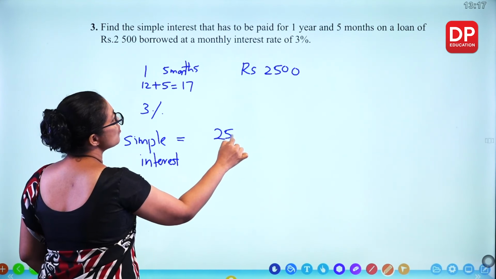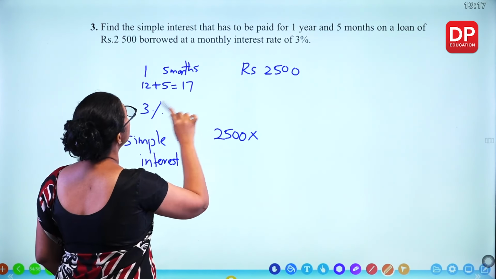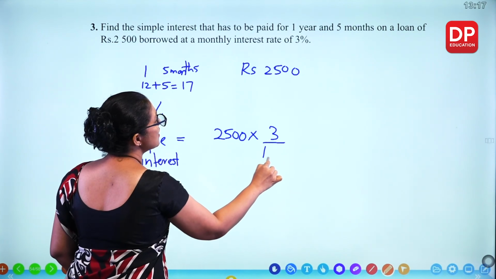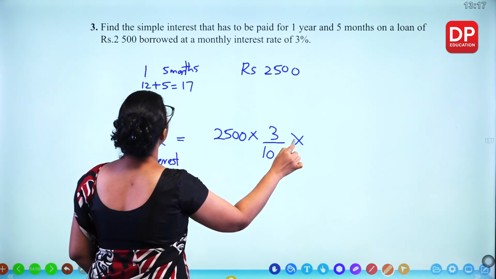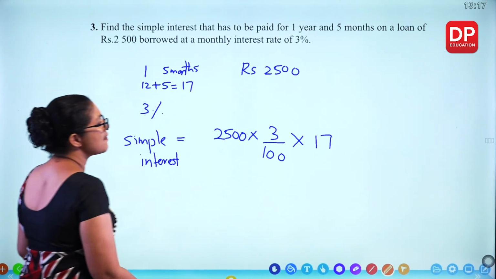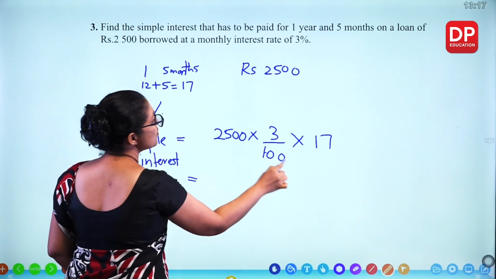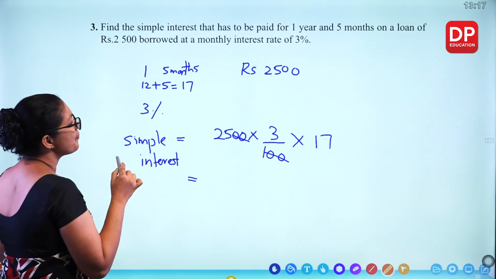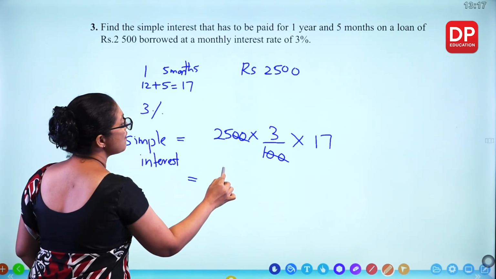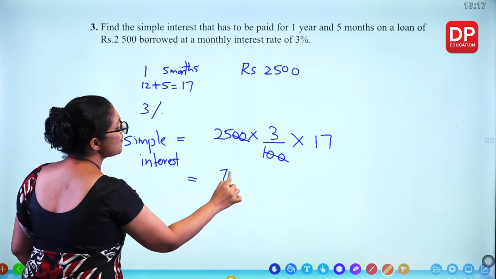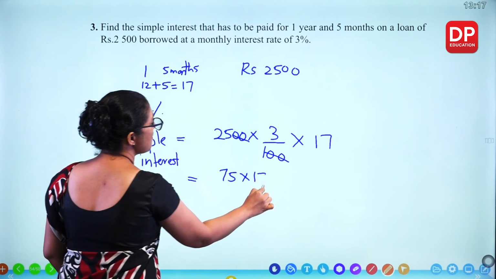The amount is 2,500 with 3% monthly, and for 17 months. 2 zeros get cancelled out. 3 times 25 is 75, times 17.